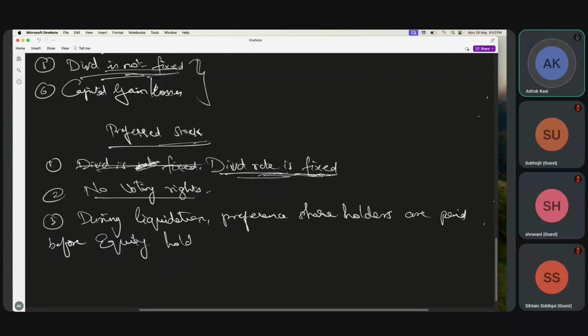Equity means common stockholders. So they get preference during liquidation. They are getting preference, and also they are getting fixed dividend rates. These are the characteristics of preferred stock.